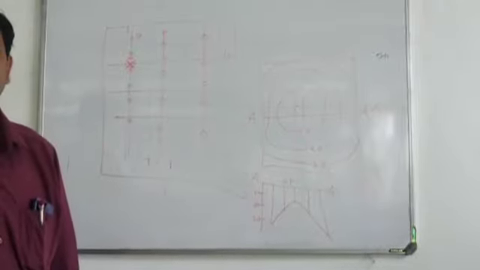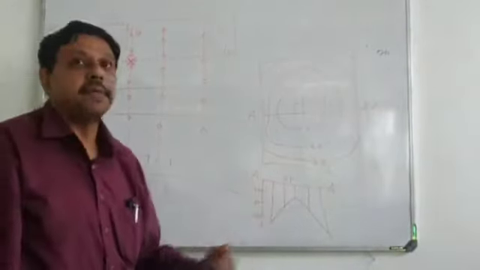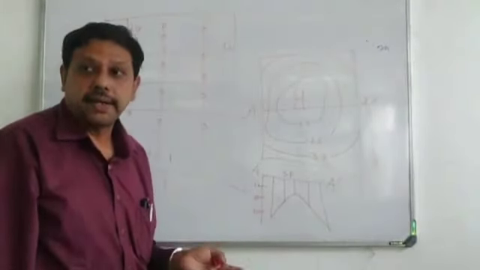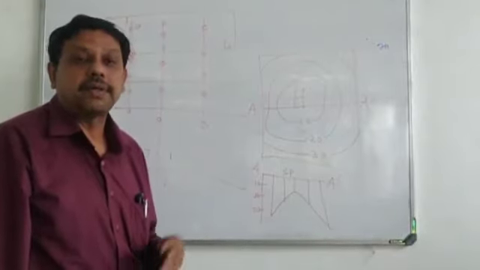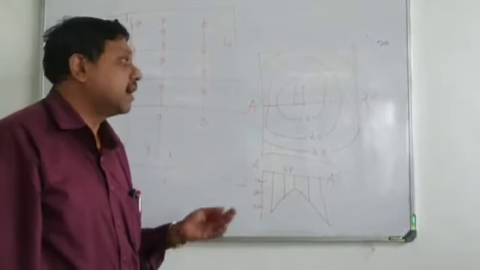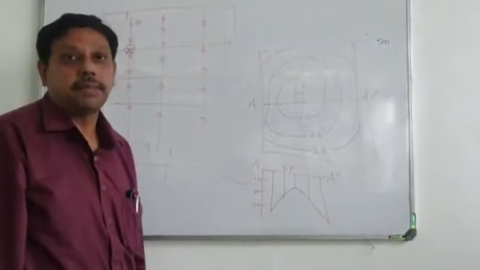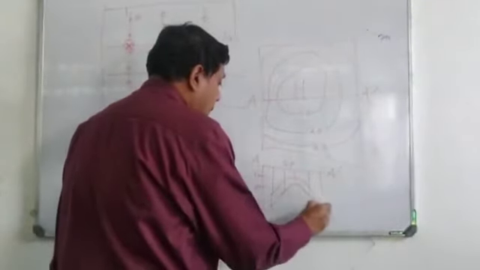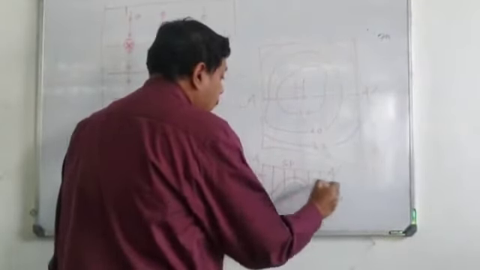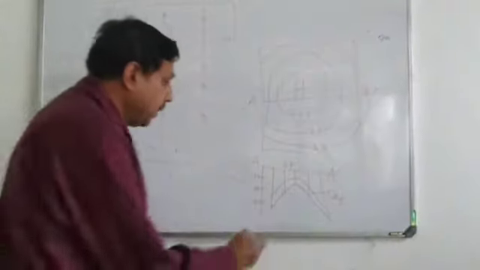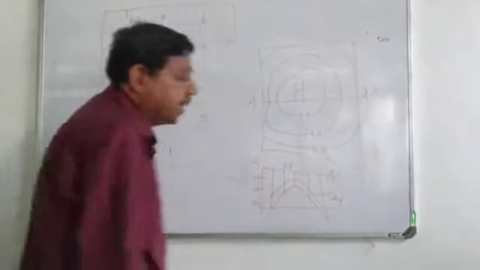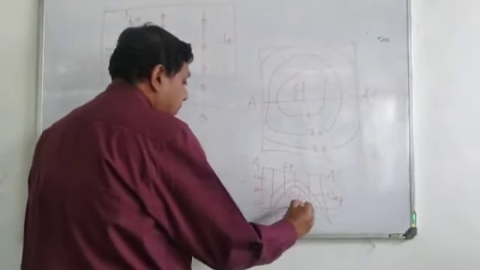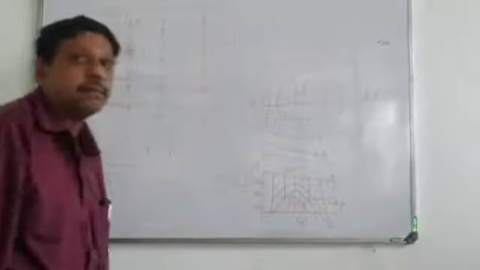Why am I saying it may have hydrocarbon? Because the timing is important. Whether the structure was formed before the oil migrated or after the oil migrated. If the structure was formed first and then the oil migration happened, and we have an impervious layer at the top, called a cap, it will hold the hydrocarbon and we will get a boundary where we have oil or gas in the upper part and water below.